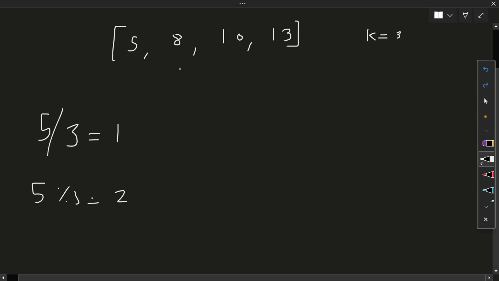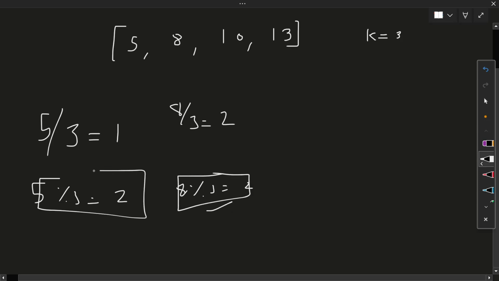For 8, 8 divided by 3 will give us 2, because 3 plus 3 is 6, then we have some remainder also. 8 modulo 3 will give us 2. So here also we have some remainder.